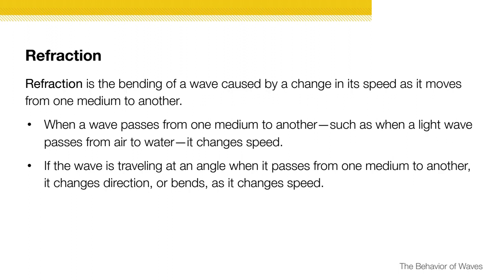Now, refraction is a little bit different. If you've ever stood in a pool and you've noticed that your legs seem like they're bending or they're off center from your body, that is because of refraction. We talked about how waves can travel at different speeds depending on what the type of matter is, right? And medium is another word for that matter. Light does the same thing.